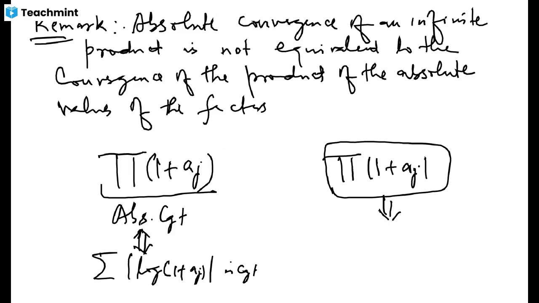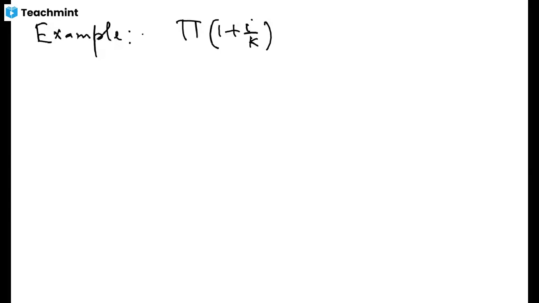So the simplest way, even though it is not convergent also, but just because I need to establish a connection between the absolute convergence of the product and the convergence of the product of the absolute values of the factors. So see, this is not absolutely convergent.